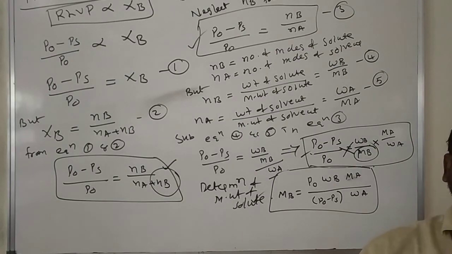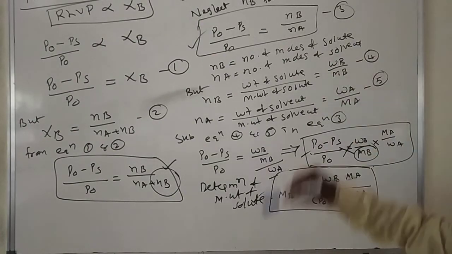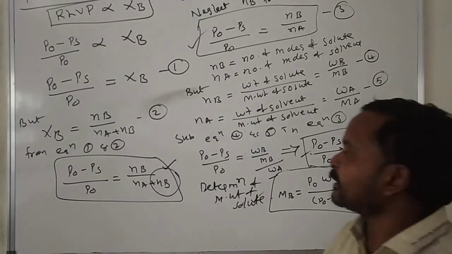Why? By increasing the temperature, the vapor pressure increases, as the vaporization of solvent particles increases. These are the factors affecting vapor pressure.